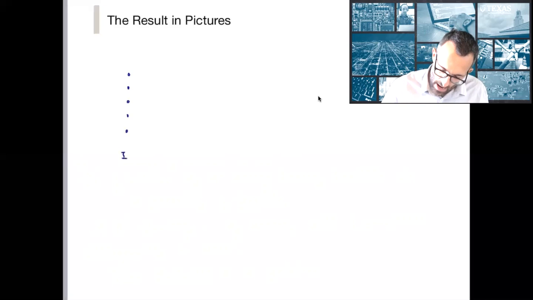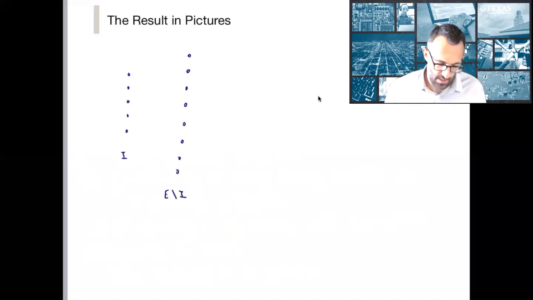This is my set I, and this is what is in the ground set but not in I. And again, our picture is that we have an edge here if I can remove this element from I and add this element from E minus I and still end up with an independent set. So that's a reminder of what A of I is.